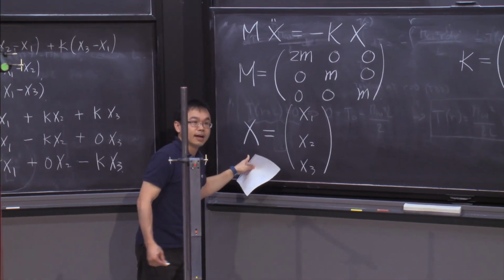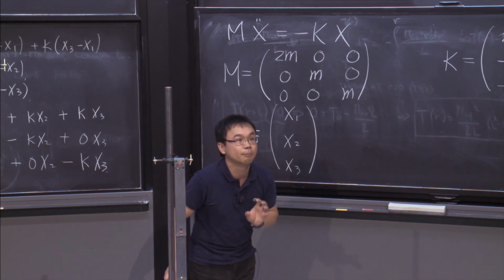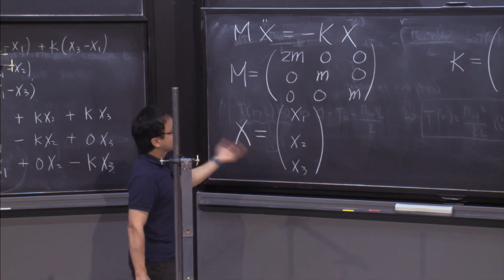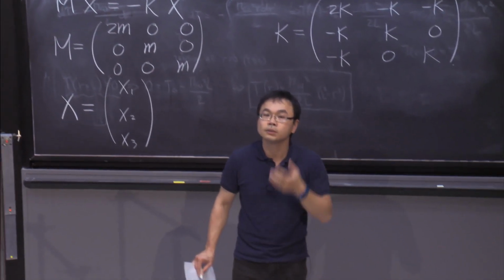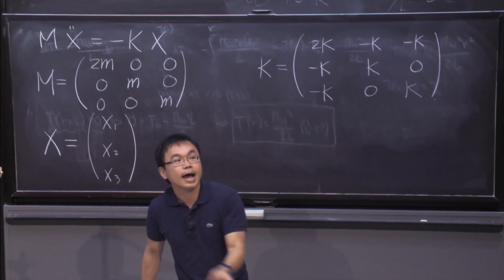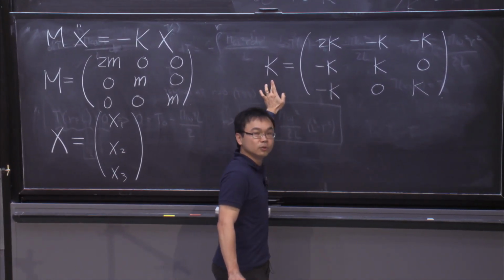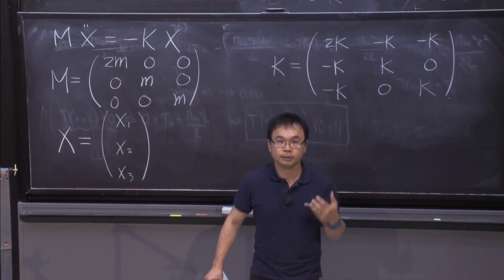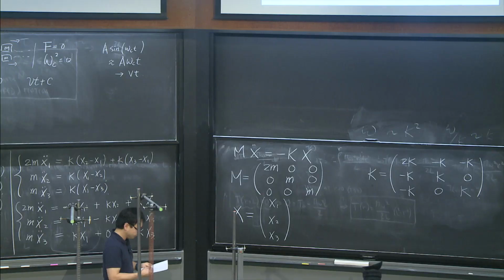X is actually a vector, which tells you the position of individual components in the system, okay? Finally, what is K? K is telling you how each component in the system talks to the other components, okay? So K is actually telling you the communication inside the system, okay? So now we understand a bit what is going on.